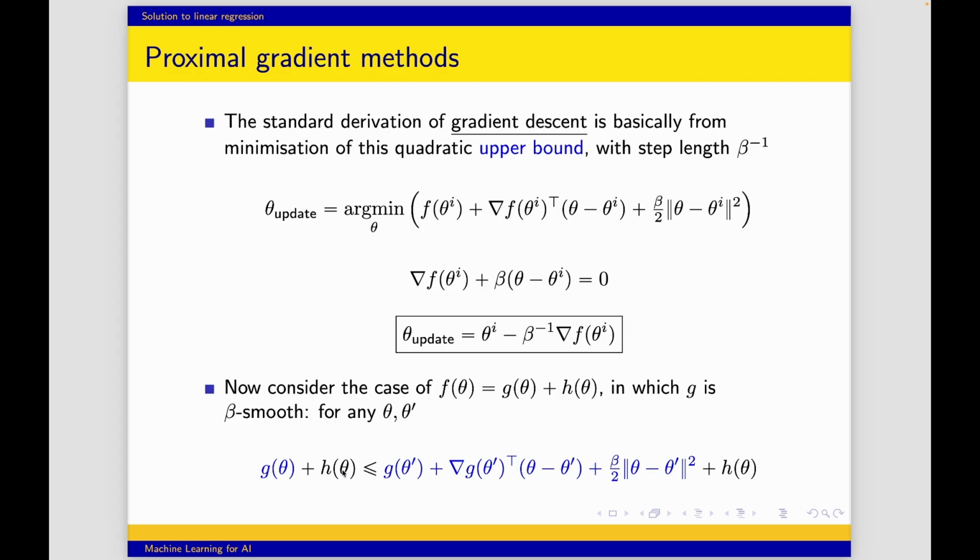Now this one, we're not doing anything with at the moment. So this is an upper bound. It's not quadratic because this is not necessarily quadratic. But nevertheless, this is an upper bound. So if at each iteration we are finding the minimum of this, we are guaranteed to be moving towards the minimum of this thing here.